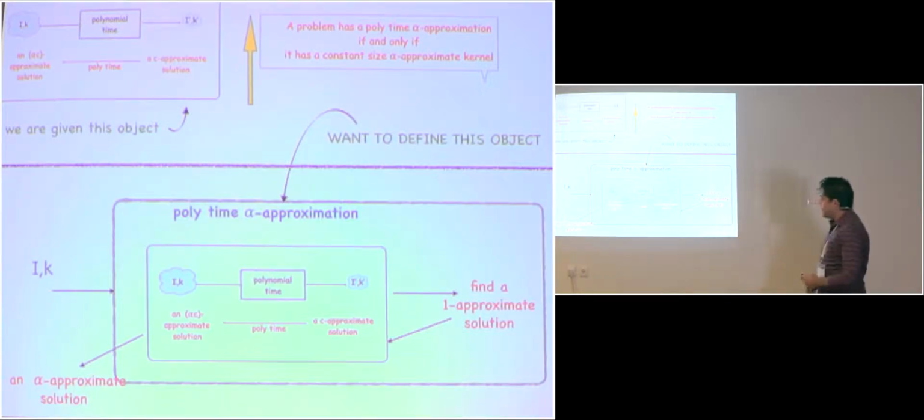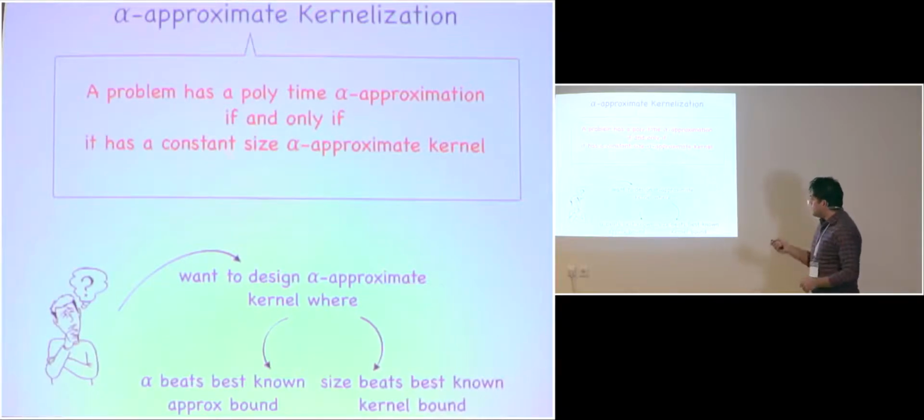OK, but do we have some sort of baselines about the kind of alpha we should aim for, the size of the kernel we should aim for, and so on? Because of this statement, what we infer is that whenever you try to design an alpha approximate kernel, the alpha that you should be interested in should always be better than the best polynomial time alpha approximation that you're given.